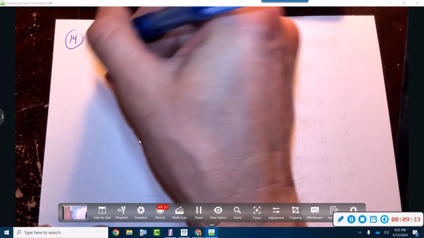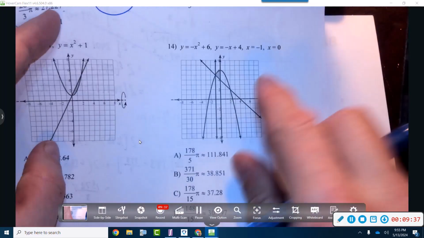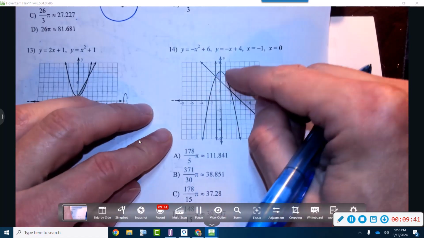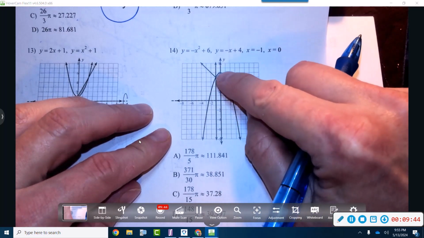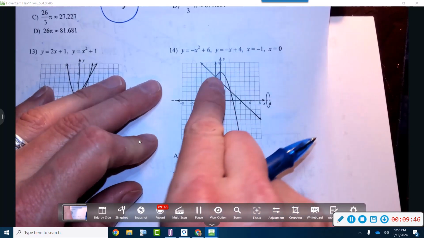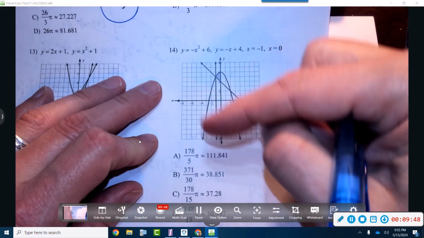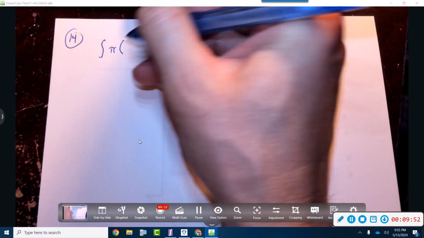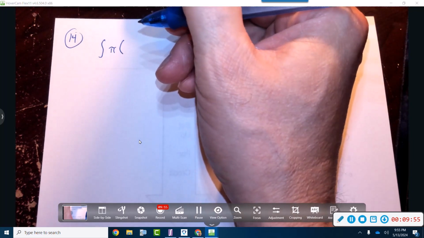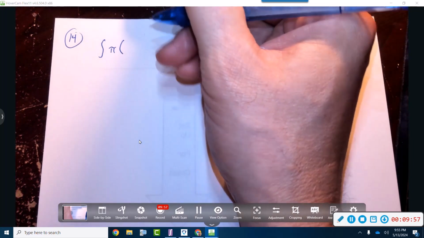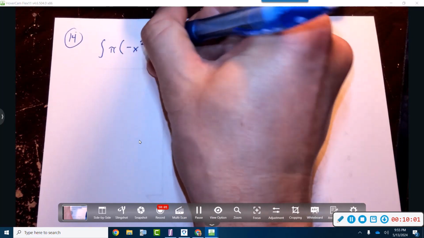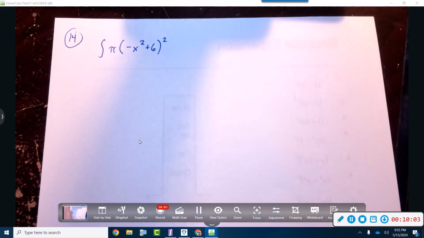Where are we going? We're going from, well, here, let's look at the picture here. Let's see. We've got the quadratic dominating the line, and we're going to rotate that. So the capital R squared is the quadratic. The lowercase r is the line. It will rotate. Okay. So we've got pi, and we have the quadratic squared.